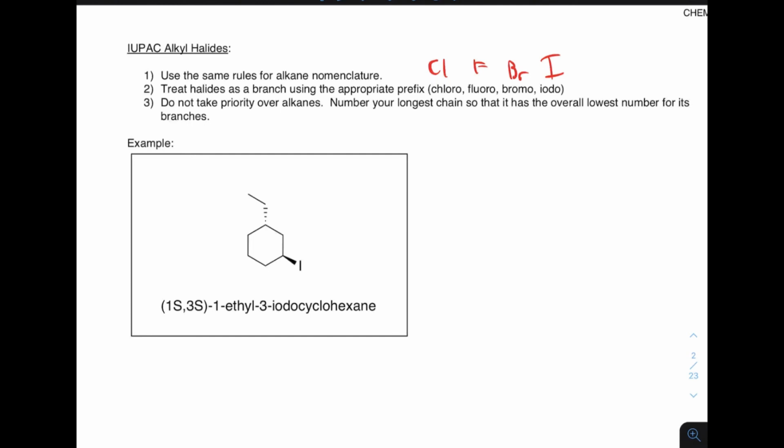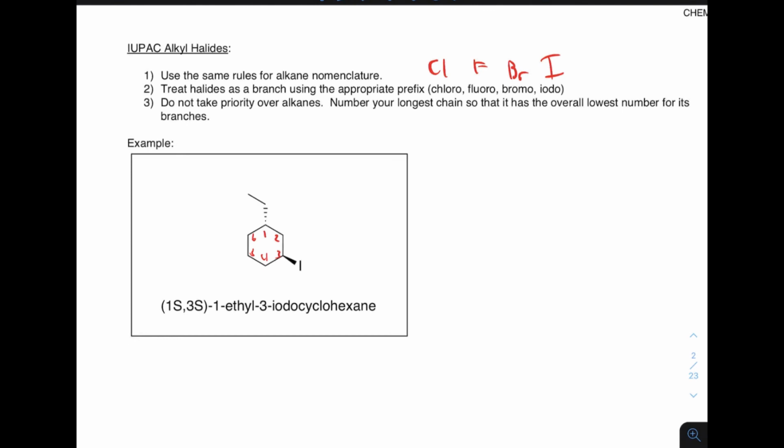So looking at this cyclohexane, the question is, do we start numbering from the ethyl group or do we start numbering from the iodo group? And we number from the ethyl group, going 1, 2, 3, 4, 5, 6, because E comes before I alphabetically. So that's why we number it like this, going from 1 ethyl to 3 iodo.